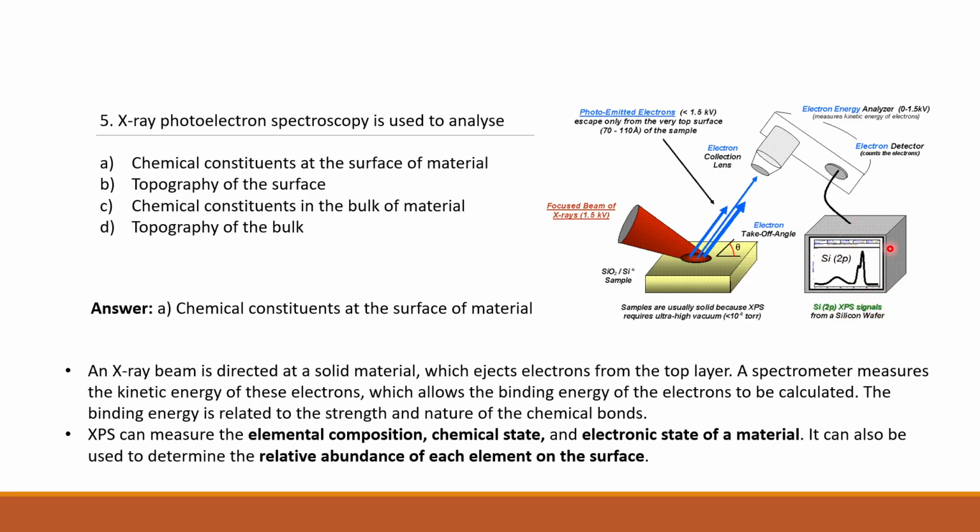Then from here it will go into this XPS signal graph from a silicon wafer. These are all internal things, not really required. What you have to notice here is how your output comes out. Your output comes out as signals, like peaks, like in any structural characterizing instruments like your CD or your spectroscopy.